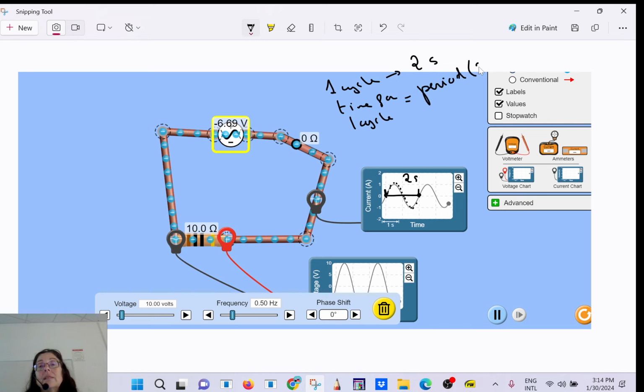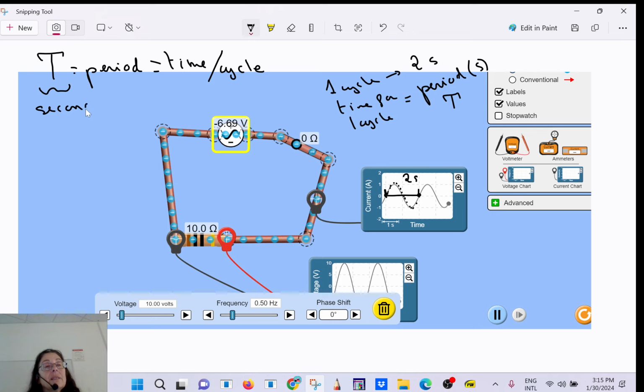The unit is the second, and the notation is T. Let me define it. T is called the period, and it's the time per cycle, so it's in seconds.